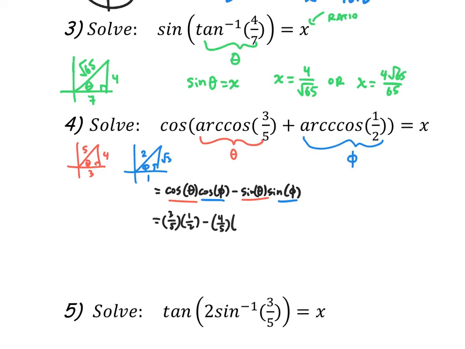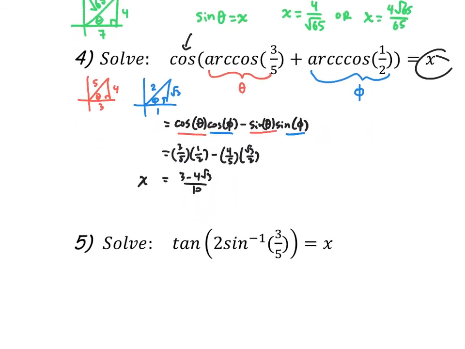Sine of phi is root 3 over 2. The nice thing we've already covered in this unit is that we will never have to find a common denominator. It'll just work out nicely for us. So this is what x is going to equal. It's going to be a ratio because ultimately we're evaluating a cosine function.